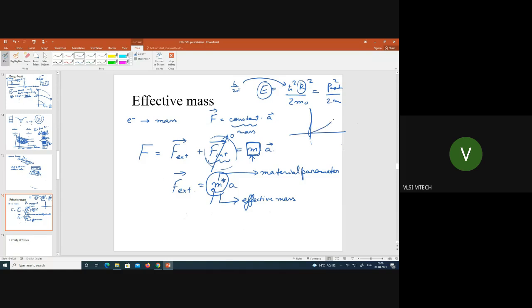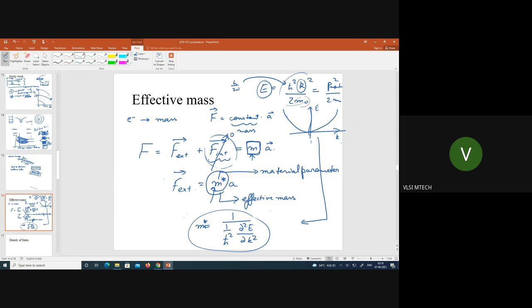And this would look, it's a parabola, right? So it would look something like this. This is the KE. And from this, for a free electron, we usually calculate effective mass as 1 by h bar square, this, because you can see that if I apply this idea to this equation, I will end up getting m naught.